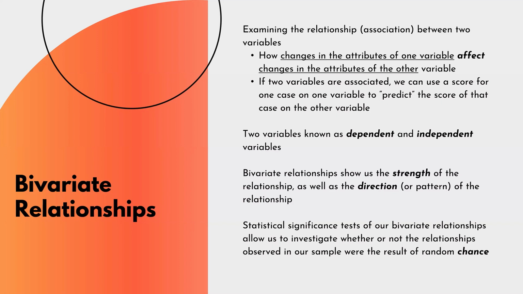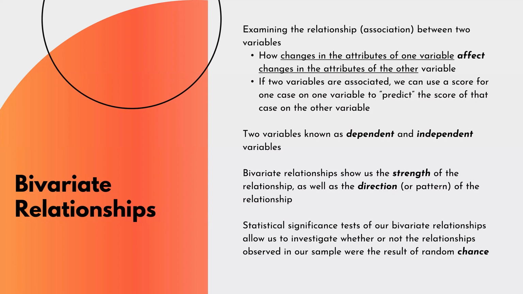In certain kinds of bivariate relationships, that idea of strength is easier to tackle or understand. For instance, if we're using a correlation or a regression kind of format, we can understand the strength, not just the direction.